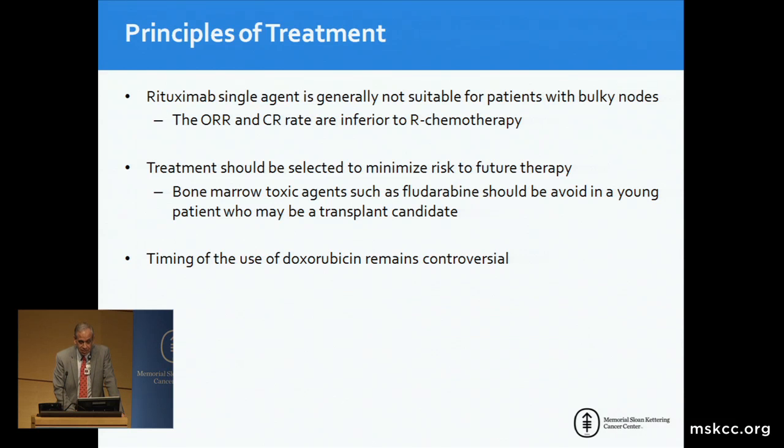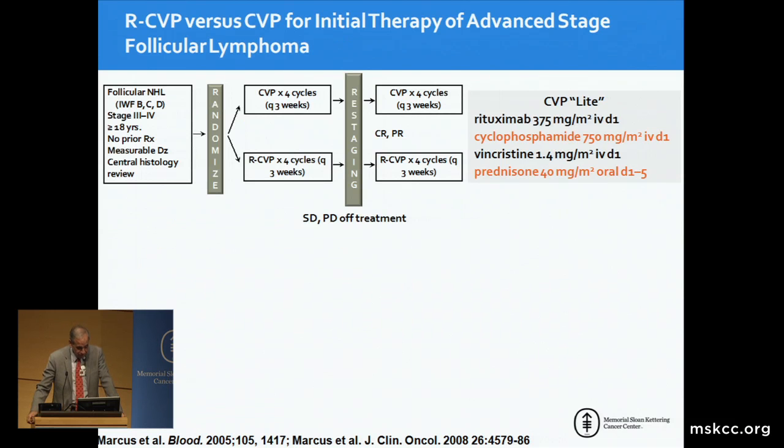And still, you know, doxorubicin came into routine clinical use in the early 70s, and we still don't know the optimum timing of doxorubicin use in follicular lymphoma. But we do know that addition of rituximab is critically important.